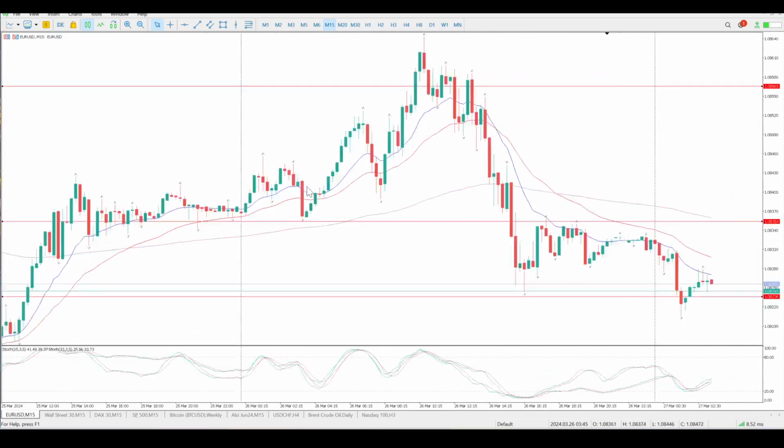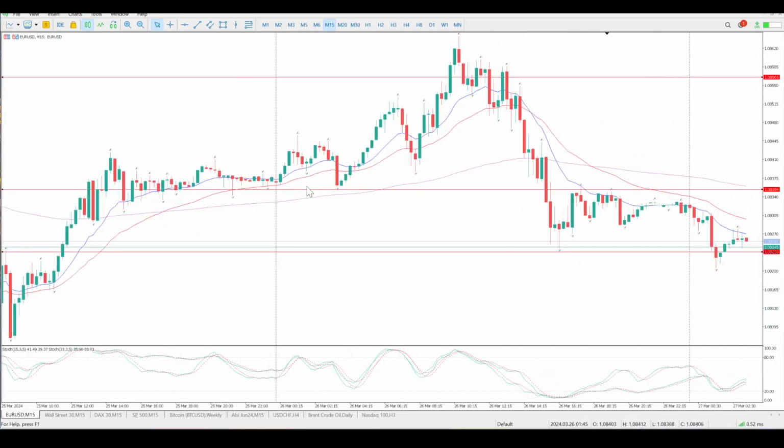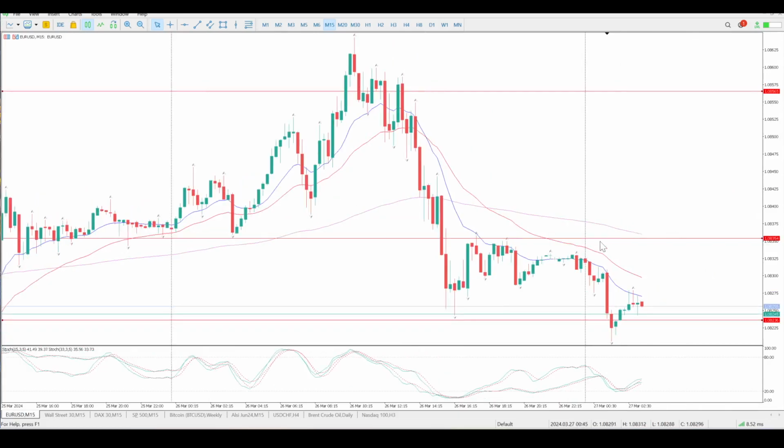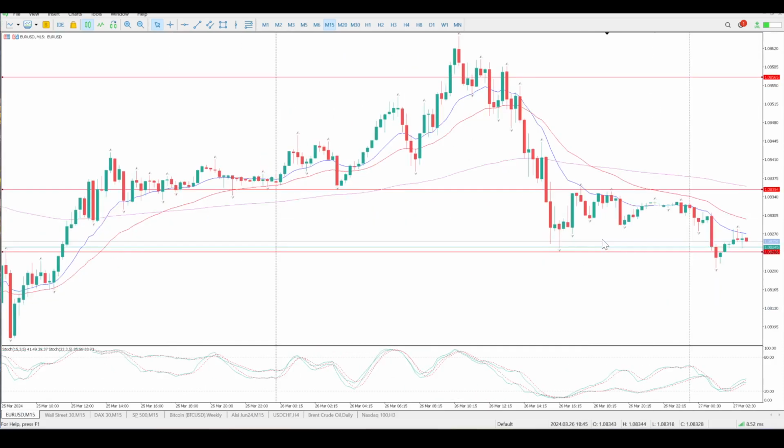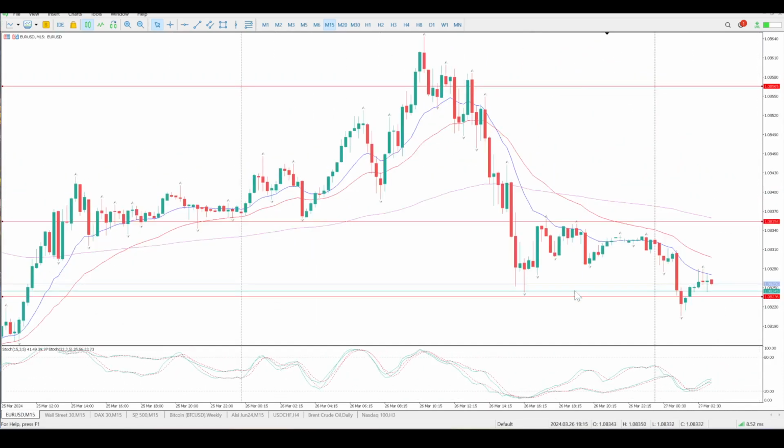I think what you need to be doing today is just pay attention to the levels. Now you can see we've tested this 108.353 already. So the next logical thing would be to see a break below 108.236.